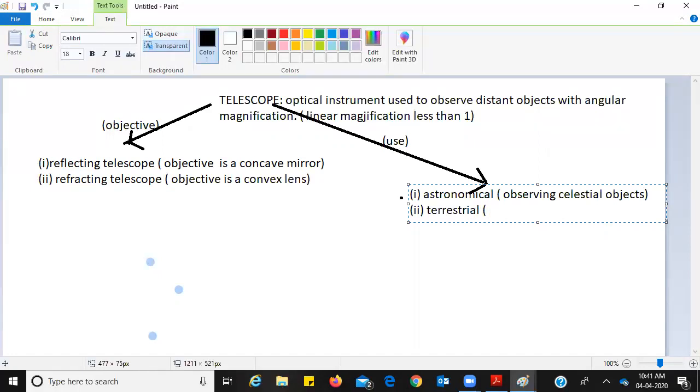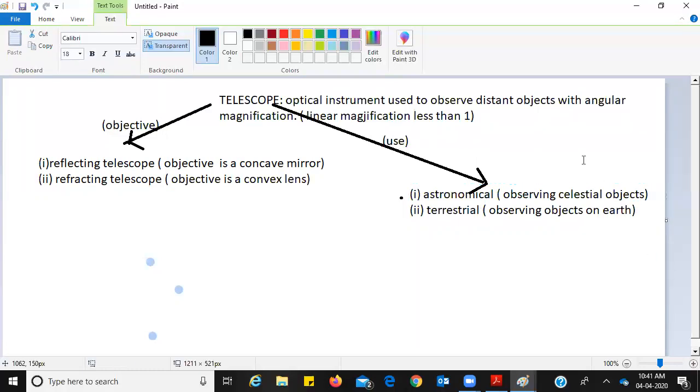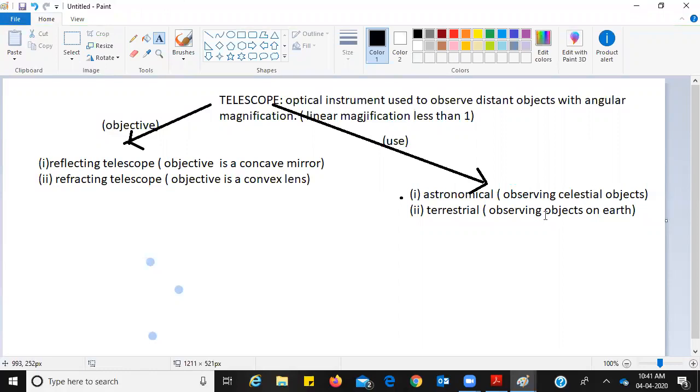That's for observing objects on Earth. This is a classification just to understand how the telescopes are called reflecting, refracting, or astronomical and terrestrial.